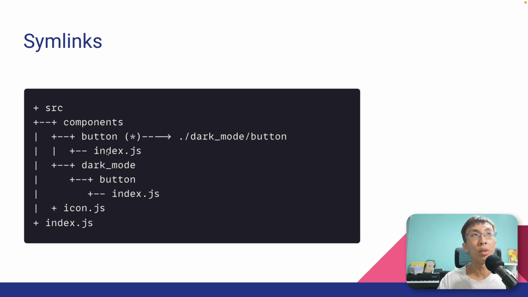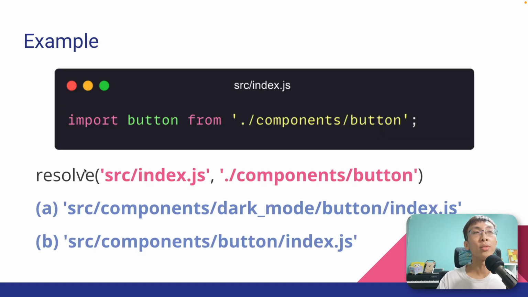And if you try to read this file, this is still like a wormhole that points at this file, which is dark mode button index.js. So this is the actual physical location of things. So with symlinks, let's come back to our resolver function again. Here, when we try to resolve source index.js components button, we initially resolved to B, which is source components button index.js.